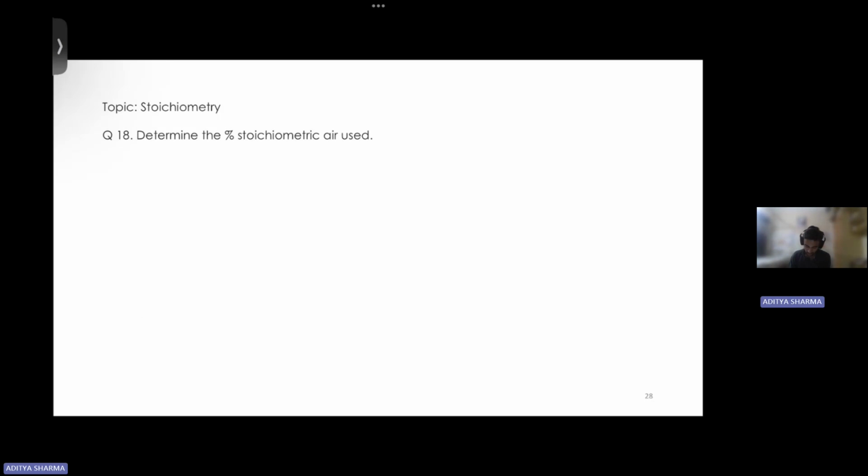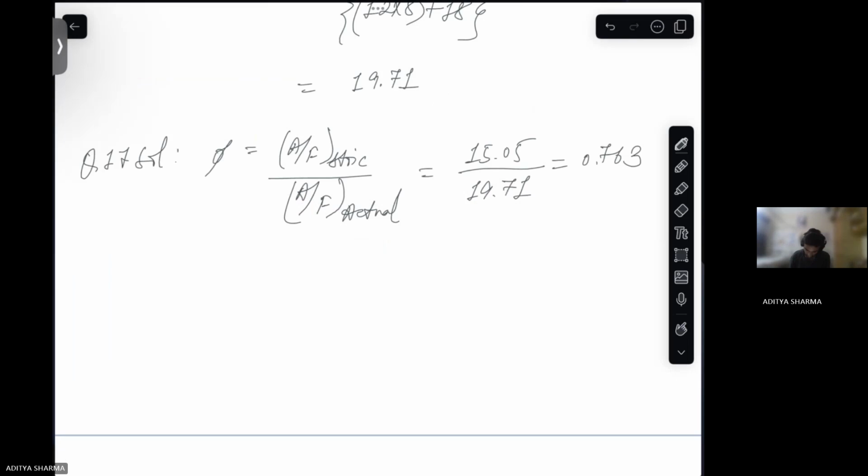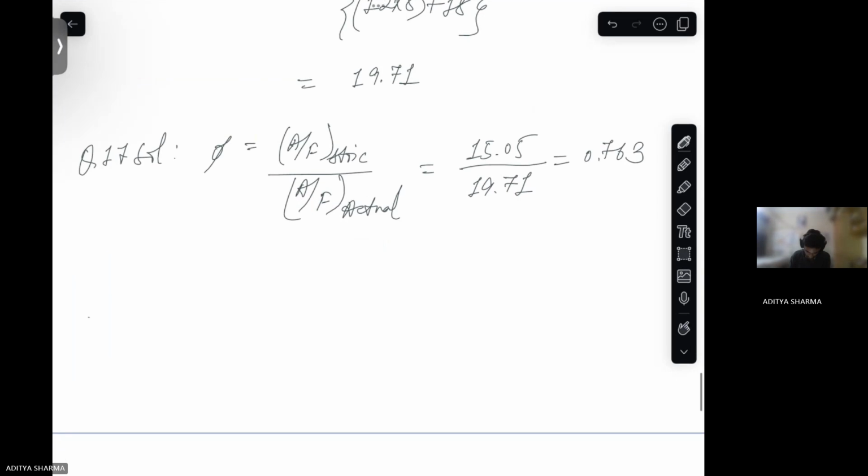Okay, so determine the percentage of stoichiometric air used. So this will be the required percentage equals 100 by 5.